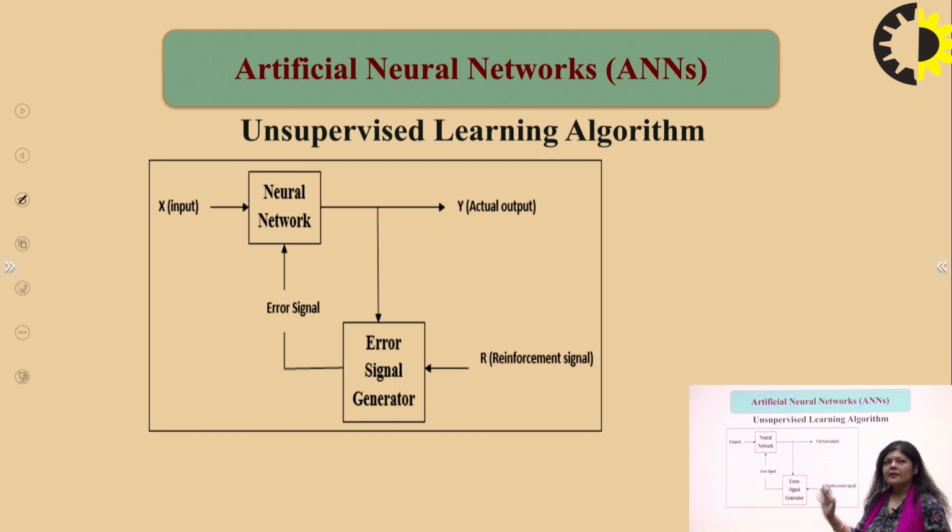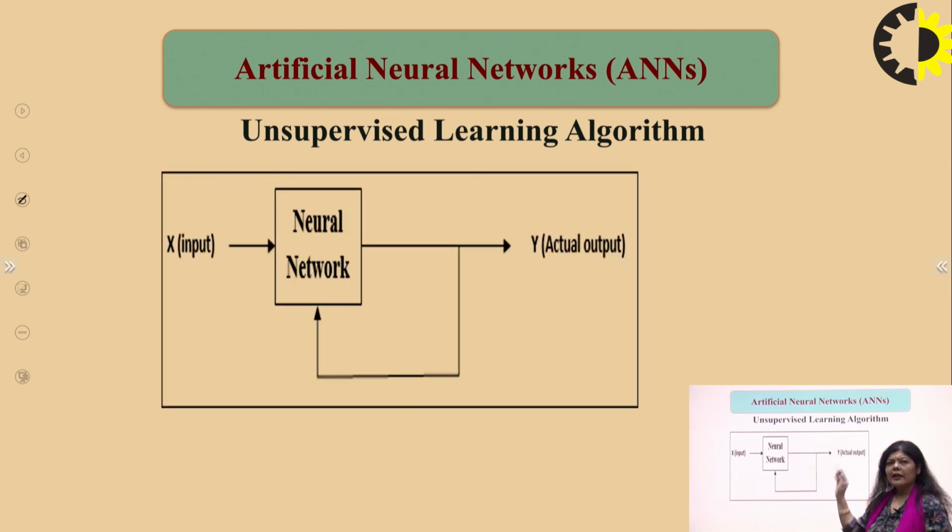The second is called unsupervised learning. As the name suggests, we do not have any kind of information about what kind of output needs to be generated. So whenever you pass the input to the neural network, it generates certain output, which is called the actual output. And now you do not have any kind of help here.